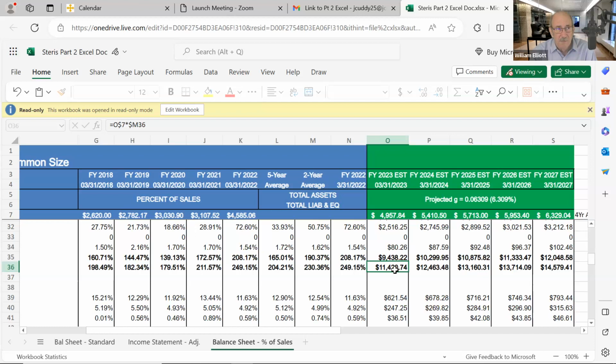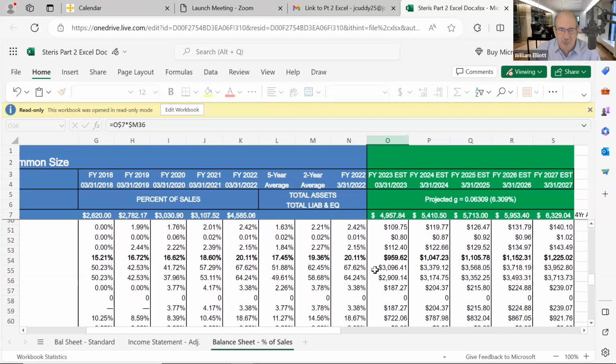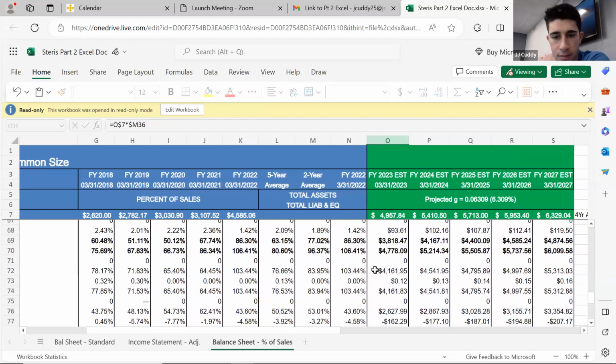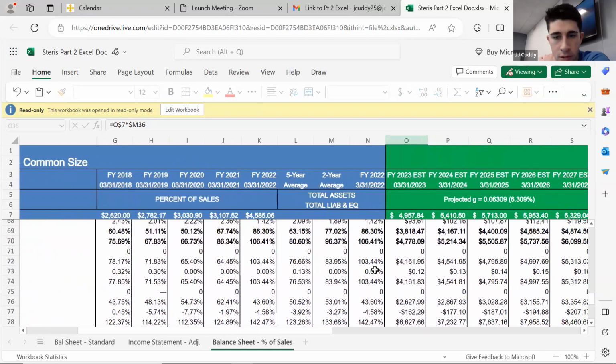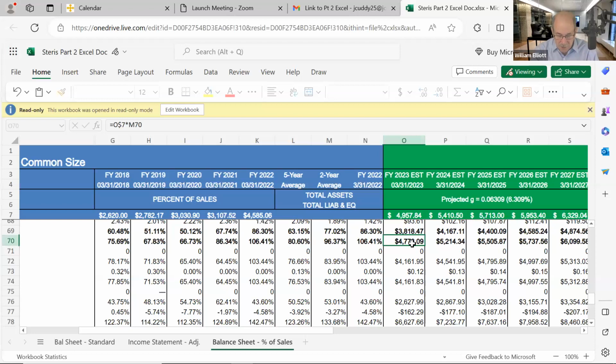Would you scroll back down to the total liabilities? Yep. Okay, 4778 divided by 114. I'm just going to round off.